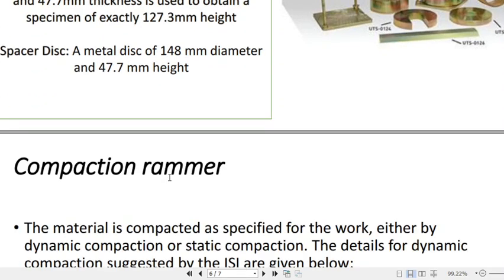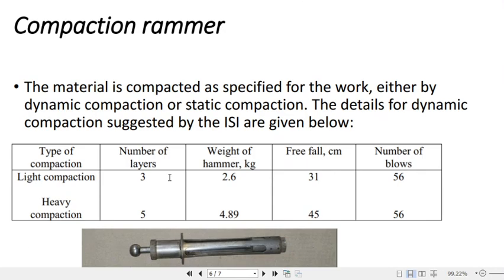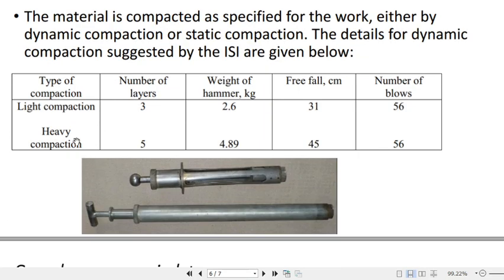Okay, so our next portion is the compaction rammer. The compaction rammer is required for compacting the soil sample. Basically there are two types of compaction rammer. One is for the light compaction and another one is for the heavy compaction.